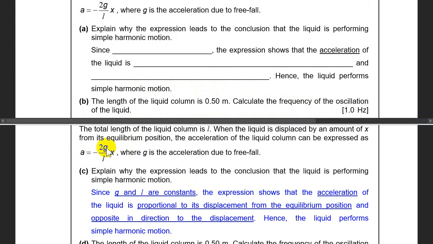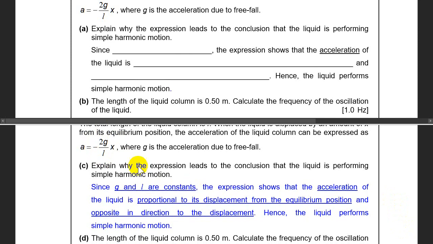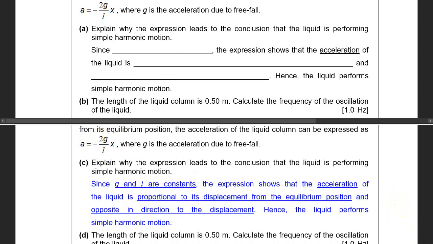They told us that a equals minus 2g over L times x. So from this equation, how do we make use of it to find the frequency? We know that according to simple harmonic motion, the general formula is a equals minus omega square x. So this thing here is your omega square. What we do is just equate this thing, 2g over L, to omega square.